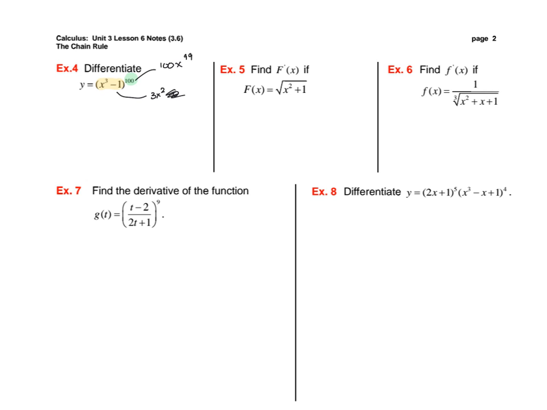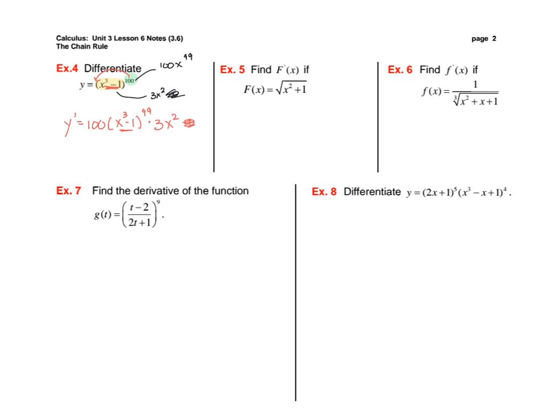So we're going to do these in 2 different layers. We start and we say that y prime is equal to 100 x cubed minus 1 to the 99. Remember, my inside function stays the same right there. And then I multiply it times the derivative of the inside, which is 3x squared minus 0.